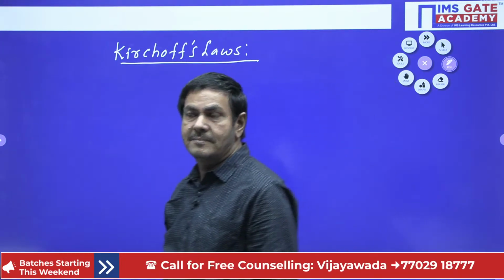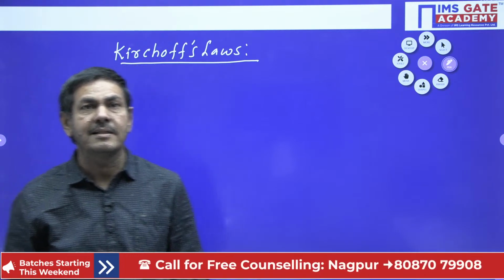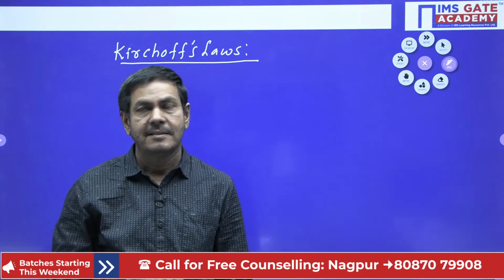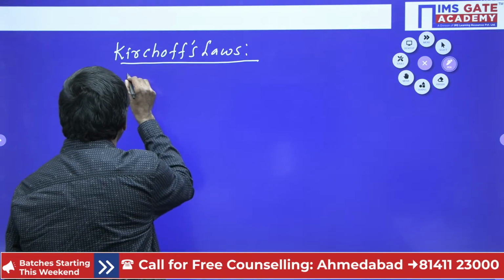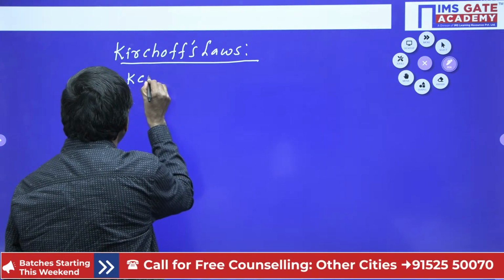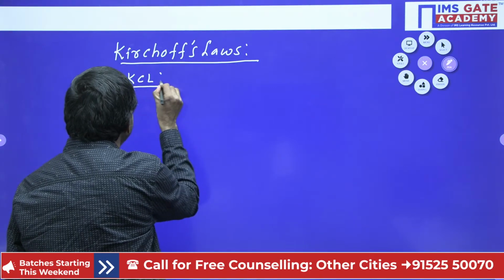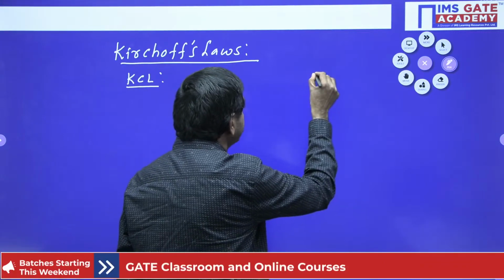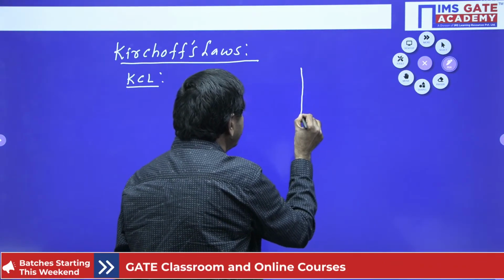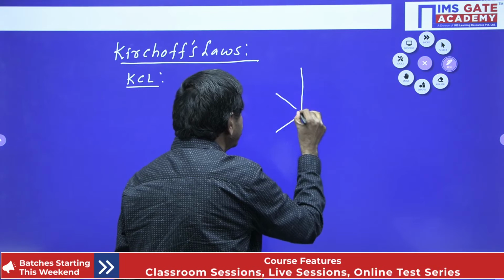KCL and KVL come under this. Suppose I selected initially Kirchhoff's current law, KCL. Suppose here I selected a certain number of conductors. I connected a certain number of conductors in this way.